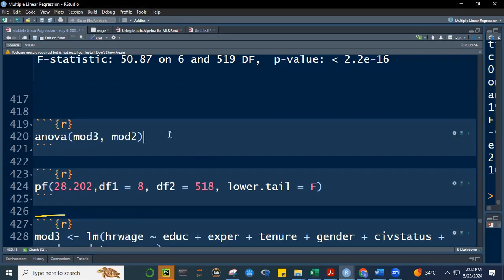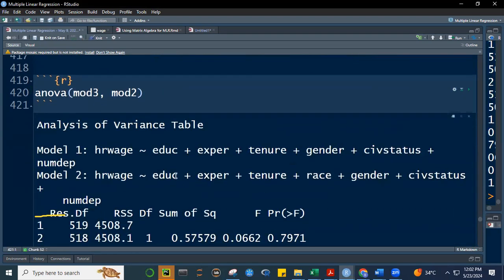What appears, class? Control Enter. So take a look at this. Model number 1 here is the restricted model. It doesn't have the race here. Model number 2 is the unrestricted.